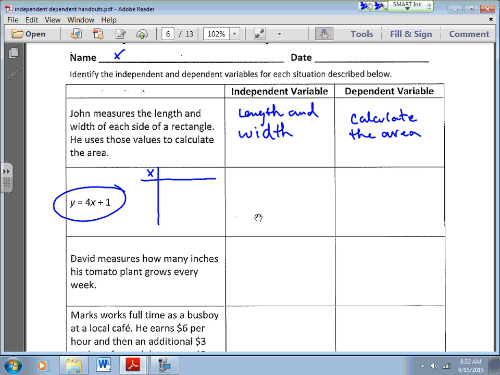Does everybody see why that's wrong? Oh no, wait, I'm right. Yeah. Okay. This is f of x, same as saying f of x, right? And over here is your 4x plus 1, which will give you your y, right? And you can plug in any numbers you want for x.